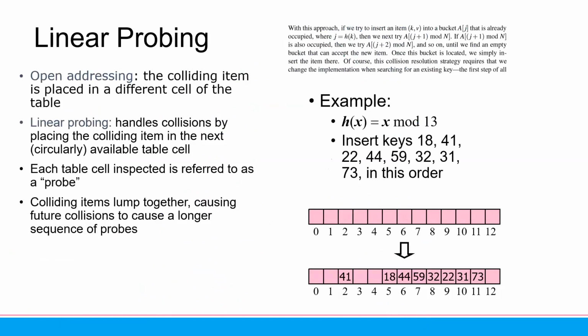There is another way to deal with collision. The first is separate chaining, where we put every element and create another linked list. The second is linear probing.